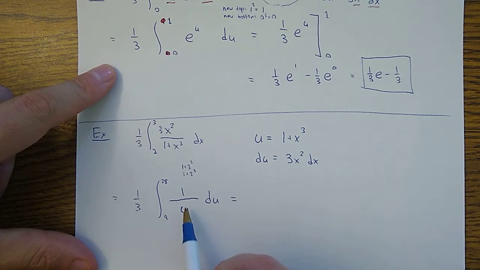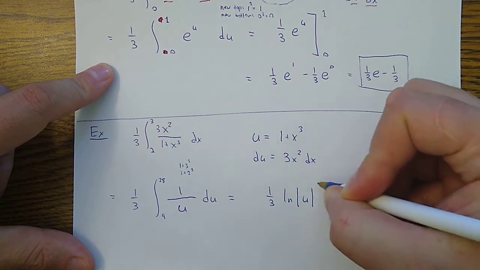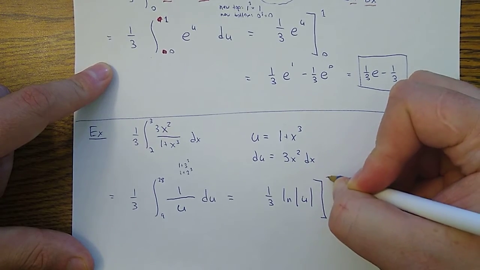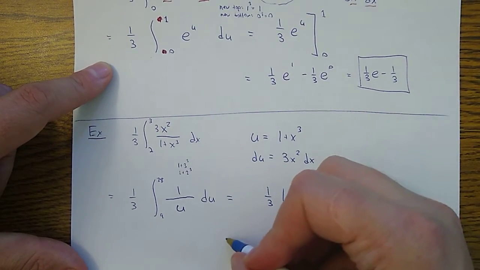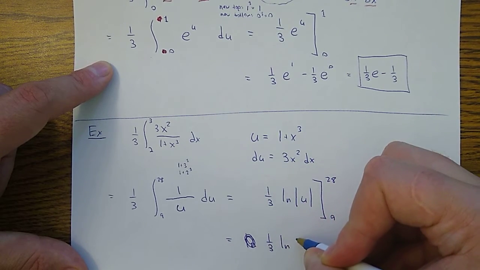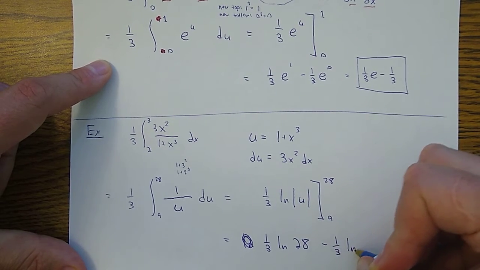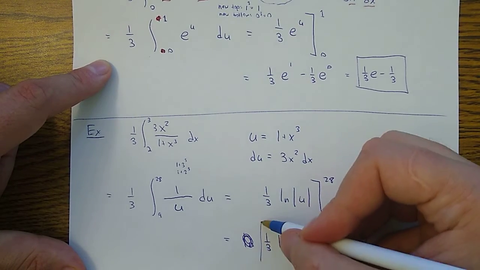The antiderivative of 1 over u is natural log absolute value of u. So this is 1/3 natural log of 28 minus 1/3 natural log of 9.